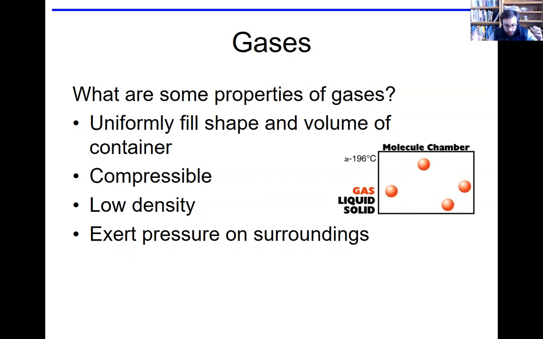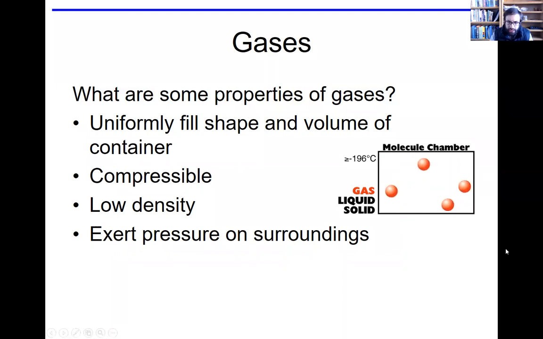So if you shrink in the walls of the container, the gas molecules will get closer to one another, so they're compressible. They have a relatively low density compared to liquids and solids, much less dense. And they exert pressure on their surroundings.